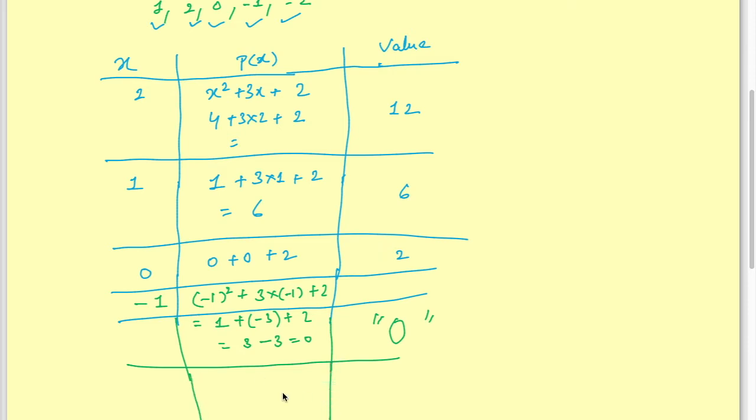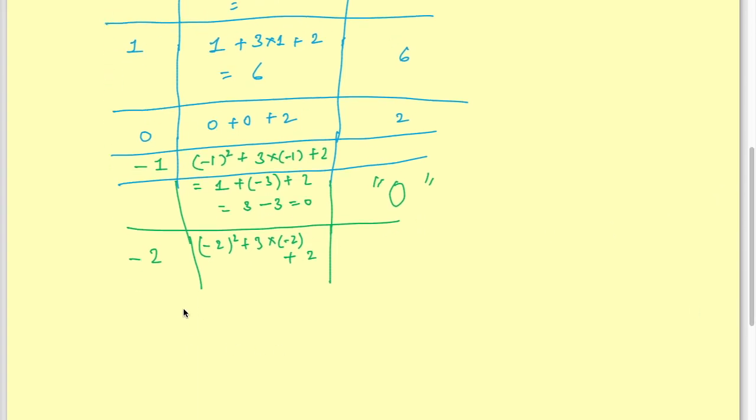Now take another value, that is minus 2. So minus 2 square plus 3 into minus 2 plus 2. So minus 2 square is 4 plus 3 into minus 2 is minus 6 plus 2. That is 6 minus 6 equal to 0.